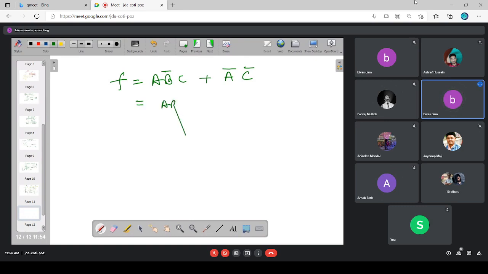So A. This can be rewritten in this form, is it not? Yes, sir. So now I require 3 inverters.